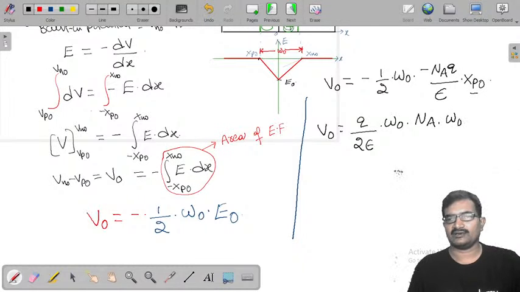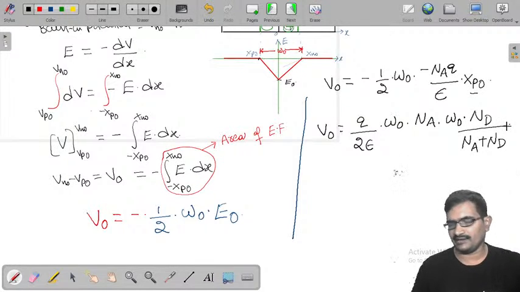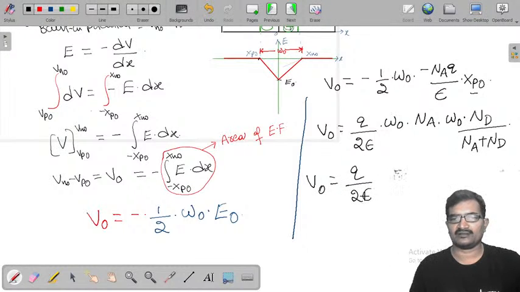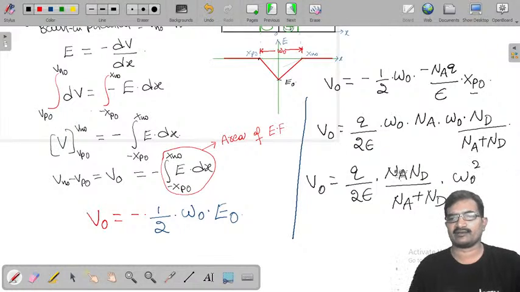xp0 is W0 into Nd by Na plus Nd. Now this gives W0 into W0, that is W0 squared. So therefore V0 is Q by 2 epsilon into Na into Nd by Na plus Nd into W0 squared.